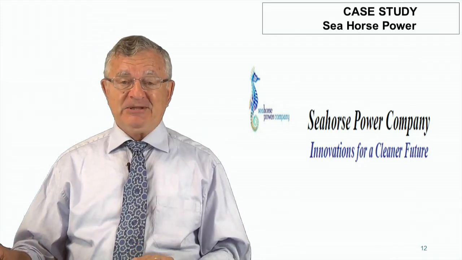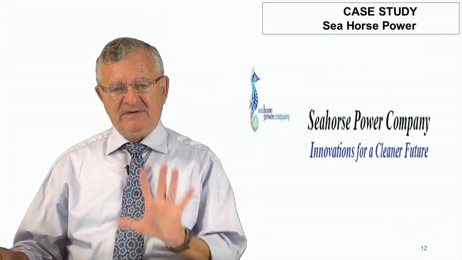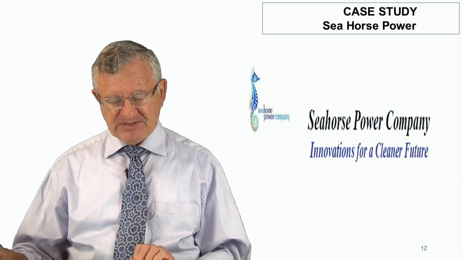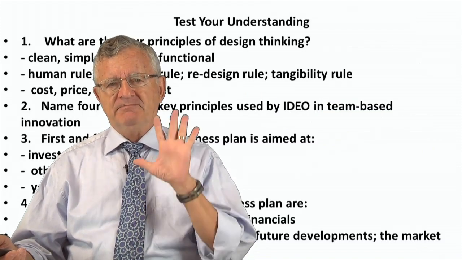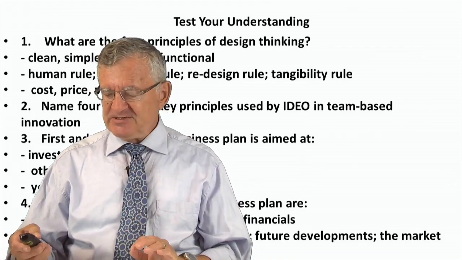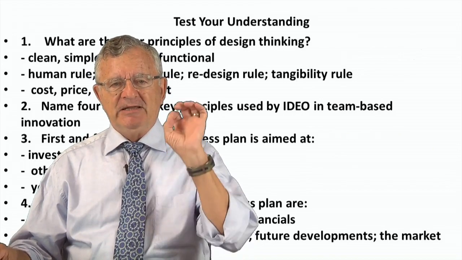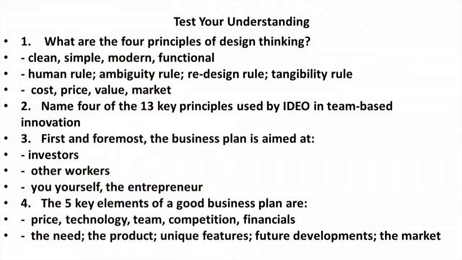This was a competition, so obviously you need to do something beautiful, attractive, visual that sells the idea. But however you do your business plan, keep in mind 5 key elements. We'll go back and review that. The need, the product, unique features, future developments, and the market.